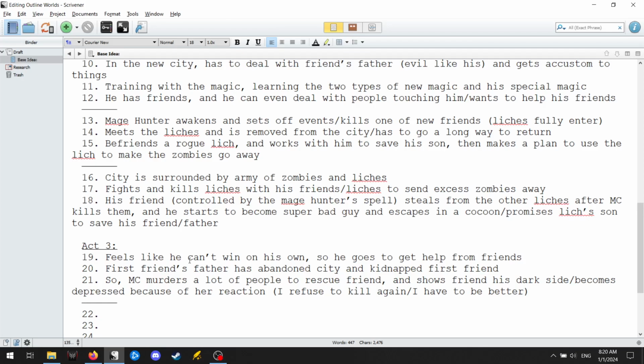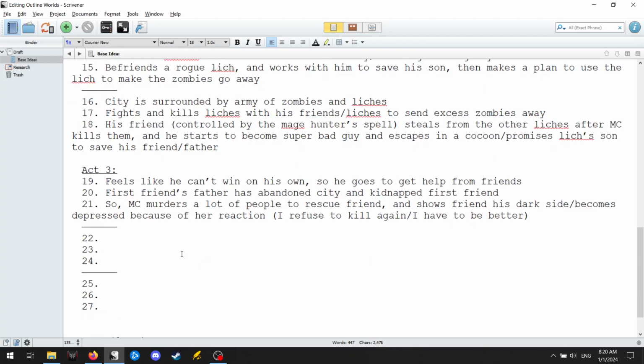Then we move into kind of the setup conflict of Act 3, which is where he has to go and fight the bad guy. This starts with his power within, like he's coming back from the brink of darkness.